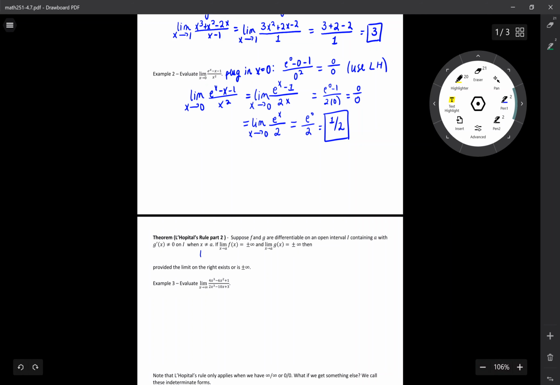So this will be the limit as x goes to a of f over g, and they both go to some kind of infinity. Then I do the same thing. I can take the derivative of the top and the derivative of the bottom to get f prime over g prime. And I repeat this as necessary until I get a constant.